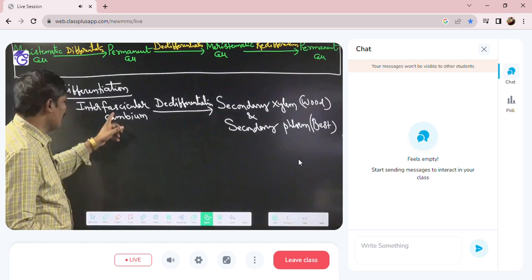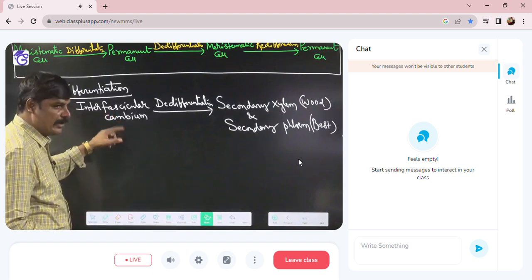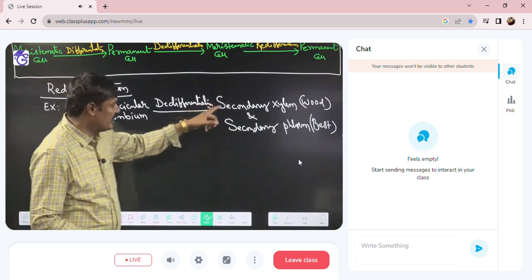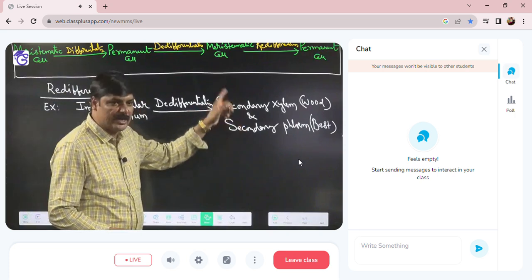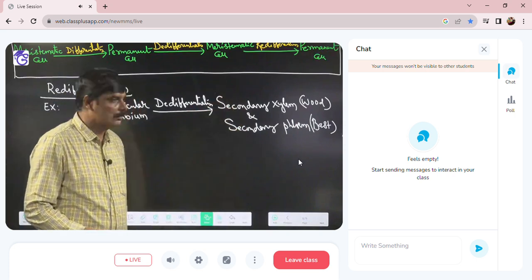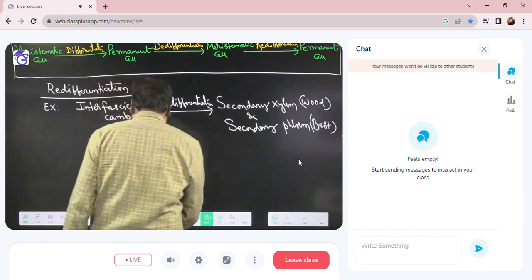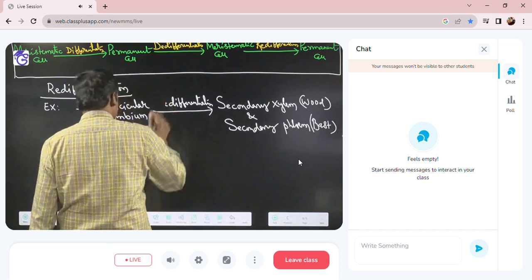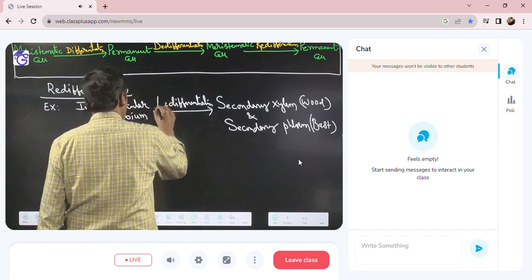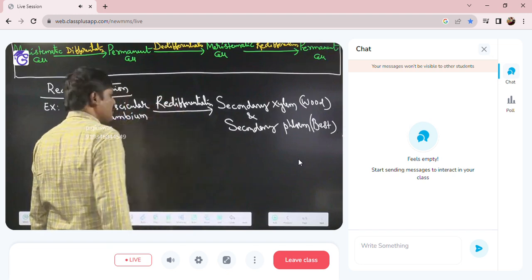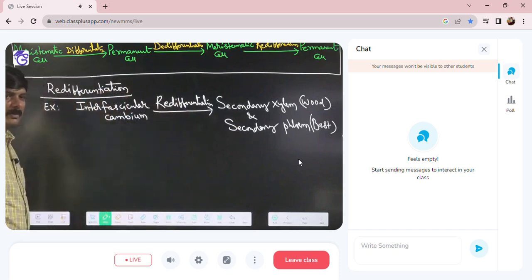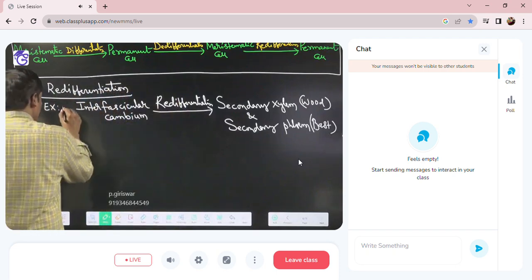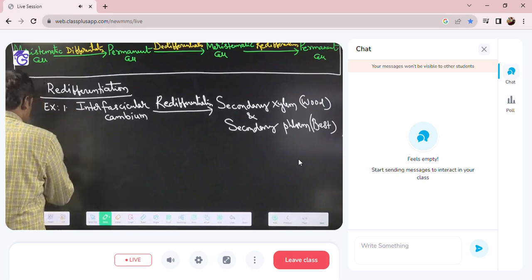So interfascicular cambium is formed by de-differentiation. These are the redifferentiated products. This is redifferentiation. Next, one more example also I will tell you.